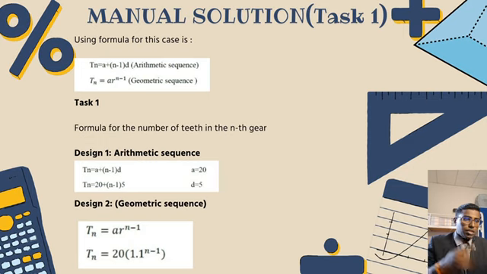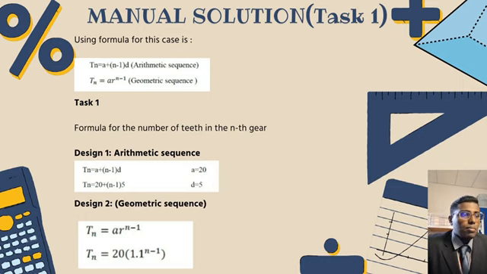So the first term is 20, as shown clearly. The second one is d, the common difference, which is 5 because it increases by 5: 20, 25, 30, 35, like that. So for the first design, you just substitute the values into the arithmetic sequence formula Tn = a + (n - 1)d.